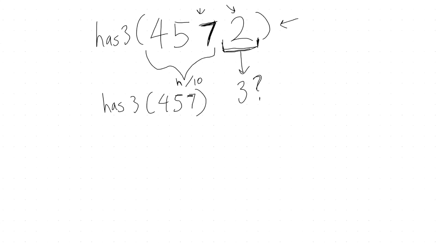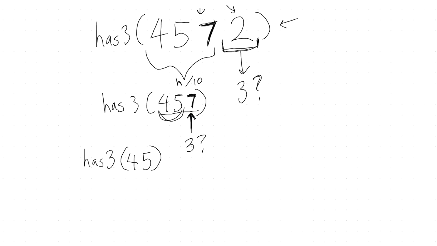The answer to this one would be, we only have access to the last digit currently. So we check, is this 3? And we can see that it's not 3. So since it's not 3, we can't answer whether the entire thing has 3 in it because we haven't looked at these 2 digits yet. So now we call it with a smaller version of that problem, 45.